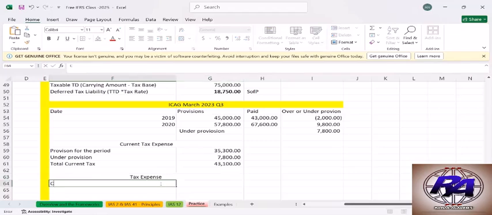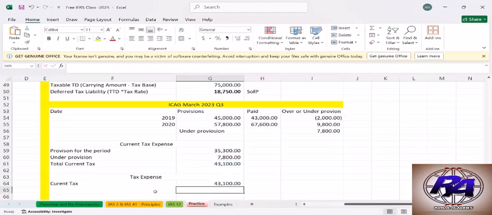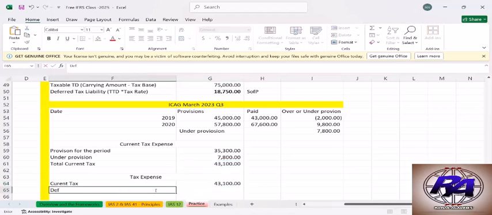So our current tax for the period is this amount over here. Then our deferred tax, remember they gave us, we need to find our deferred tax for the period.